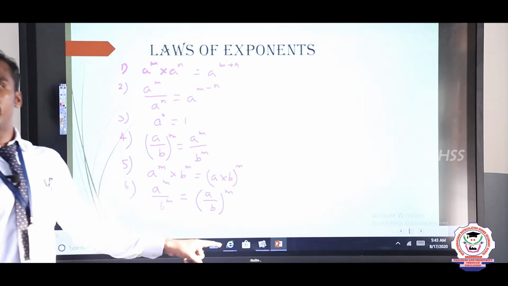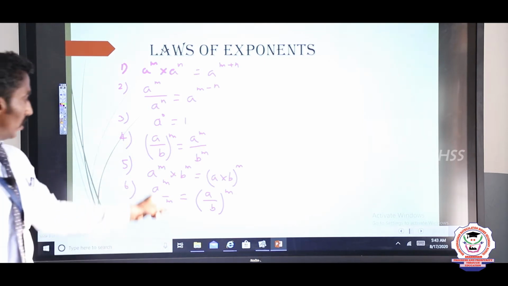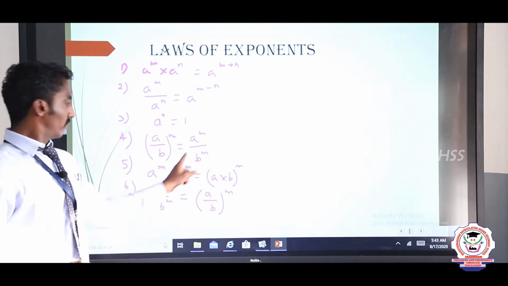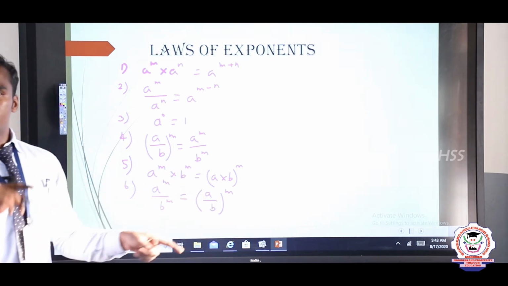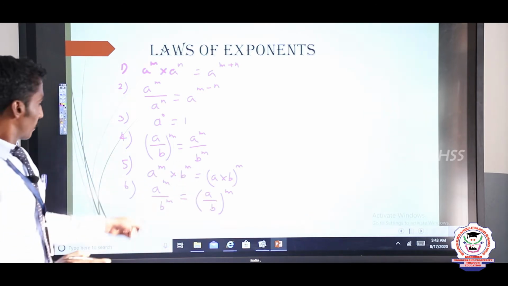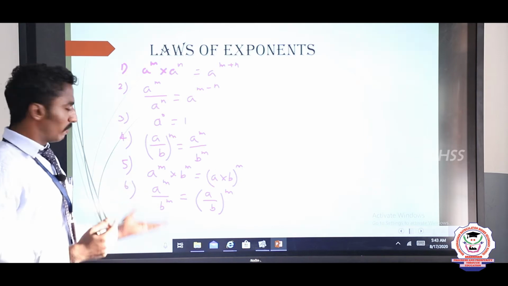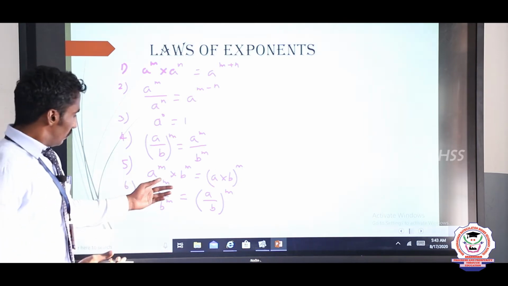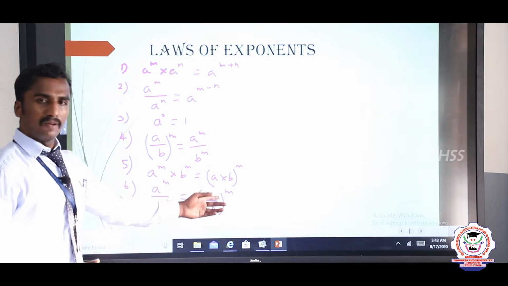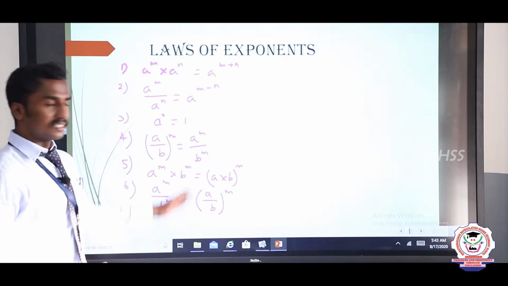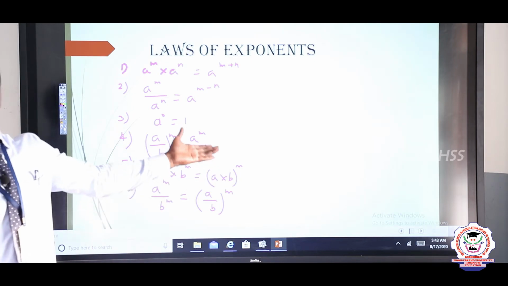So a power m into b power m equal to a into b whole power m. Division is the same: a power m divided by b power m equal to a by b whole power m. So these are the laws of exponents, or formulas.